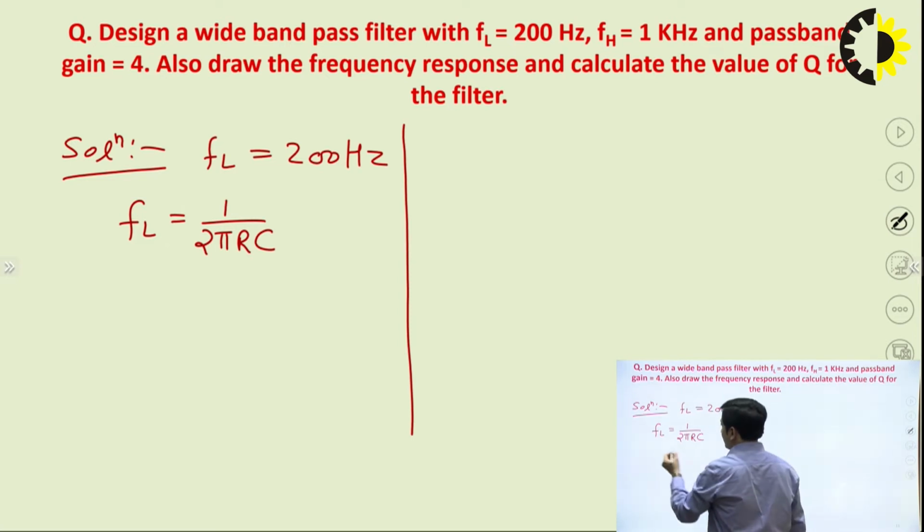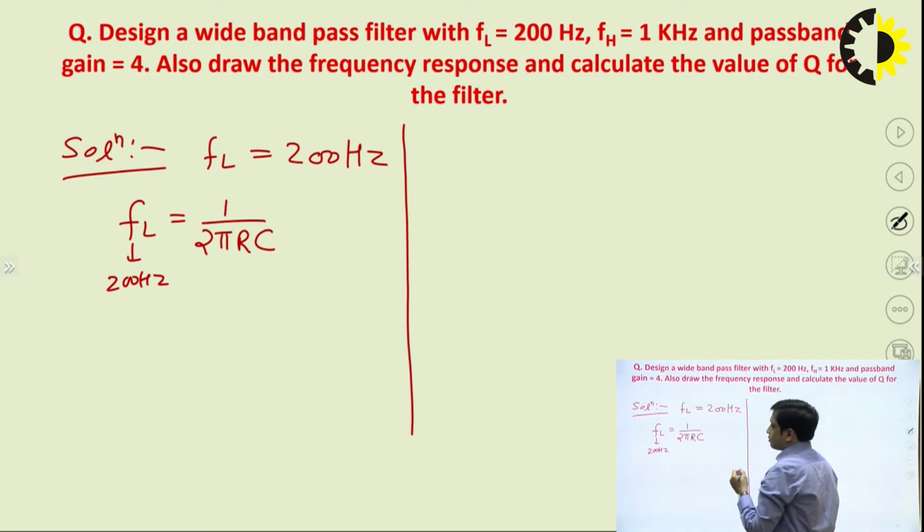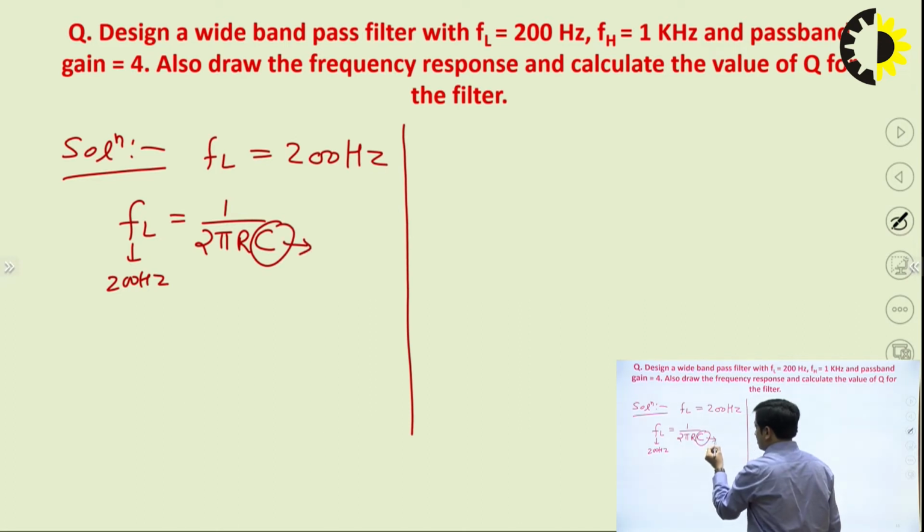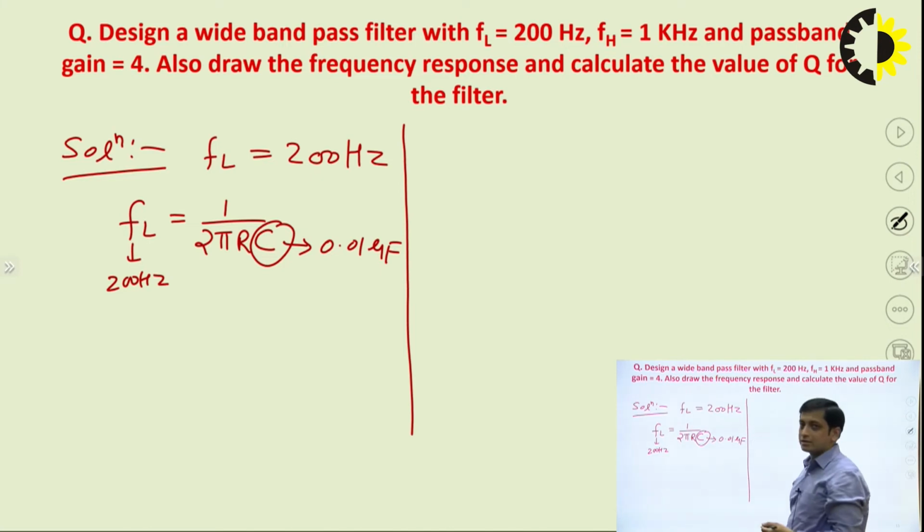Now FL is given 200 Hz. Fine. So one equation, two unknowns. Again we will take some value of capacitor C. Let's take capacitor C 0.01 microfarad. Normally we take C less than 1 microfarad, and let's take C equal to 0.01 microfarad.